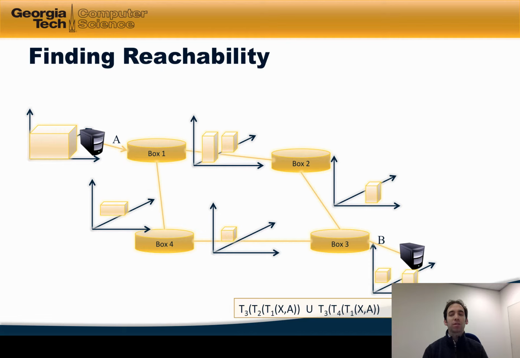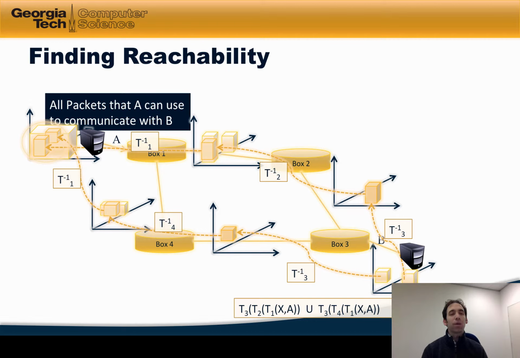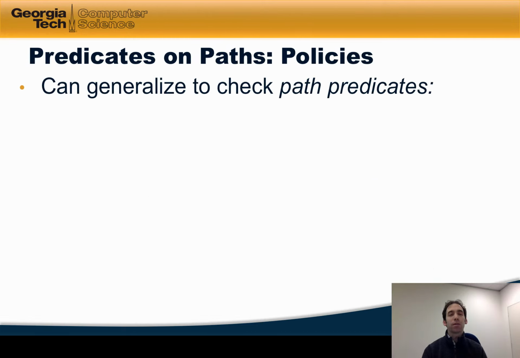Ultimately, the set of packets that can reach B is represented by the logic equation shown here. It is simply the union of the header spaces represented by the traversal of these two paths. If we invert this logic, we can then determine all packets that A can use to communicate with B.